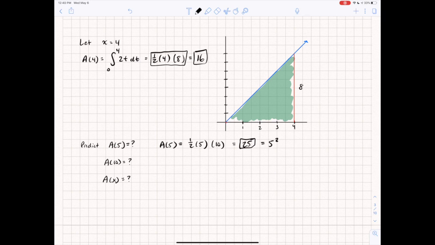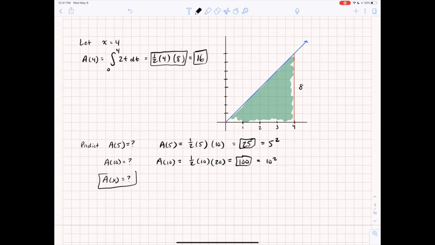Notice how this is 5 squared. All right, if I did a of 10, this would be equal to 1/2. The base would be 10, because that's how far I'm sliding out with my x. But then the height would be determined by 2 times x, which would be 20. And this would be 100, which notice is 10 squared.